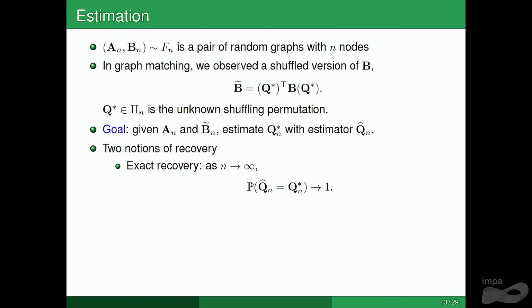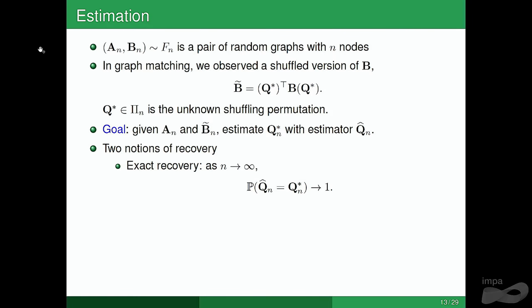And once we have an estimator, we have two notions of recovery, or two ways in which we can measure how good the estimator is. On the one hand, we can ask for the estimator to completely recover all the vertices correctly with high probability. The notion of exact recovery is basically saying that in the limit, as the graphs get bigger, the probability approaches 1 that the correspondences between the two sets of vertices are going to be the same.